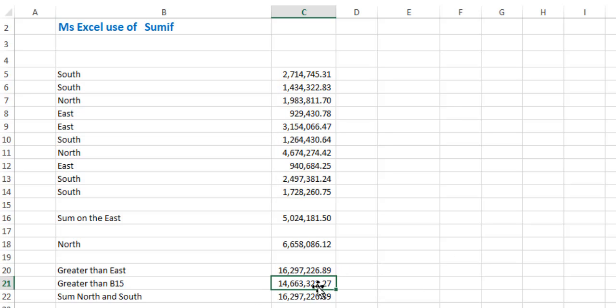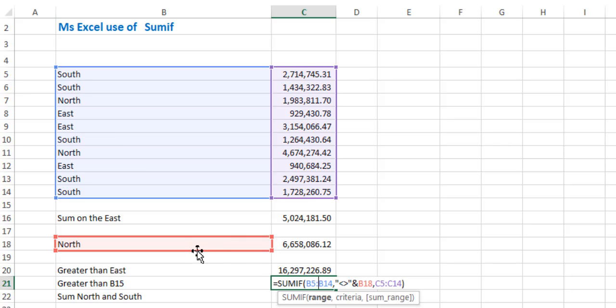The same way we are going to give the reference not equal to. We use this sign for not equal to and B18, not equal to and B18. With this ampersand sign we are going to concatenate this condition from here to here.